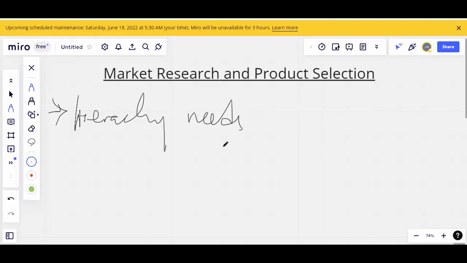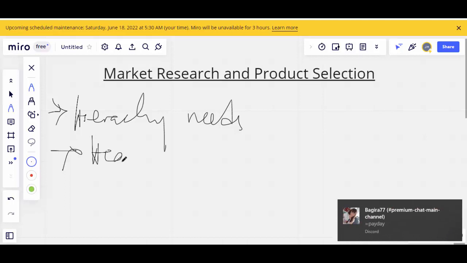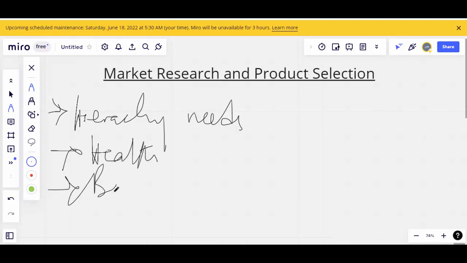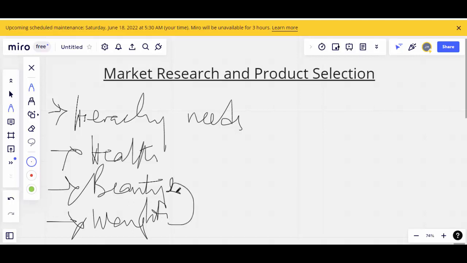These are the needs that need to be met. Now the next thing you want to consider is which of these needs. There are three very large niches, guys: health, beauty, and weight loss. Some people consider weight loss part of beauty, right? These are niches that you really do want to consider when you're getting into selling physical products.